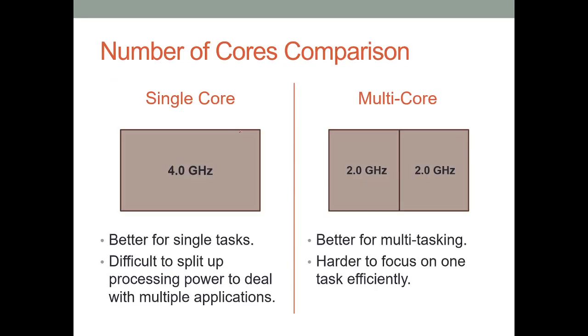So I've made this simple diagram that hopefully explains it. Let's say we've got a single core processor that is 4 gigahertz, and we have a dual core processor that has 2 gigahertz cores.